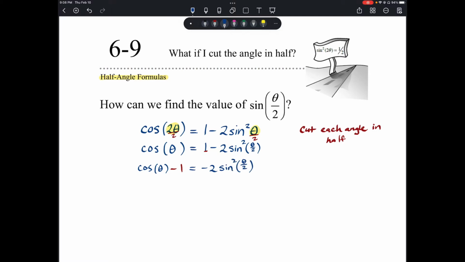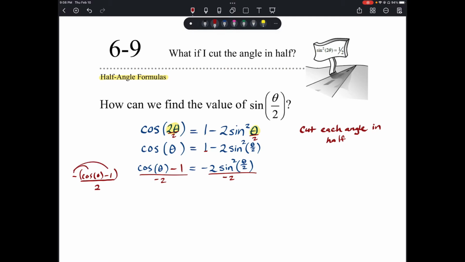The next thing we would have to do is get rid of that negative 2, so we're going to divide each side by negative 2. Well, I don't want to end up recopying it down there. I don't like having a negative in the bottom. So just think about that: if we took that negative off the bottom and put it on the top, we'd have a negative cosine of theta minus 1 on the top, and we can just distribute that through.